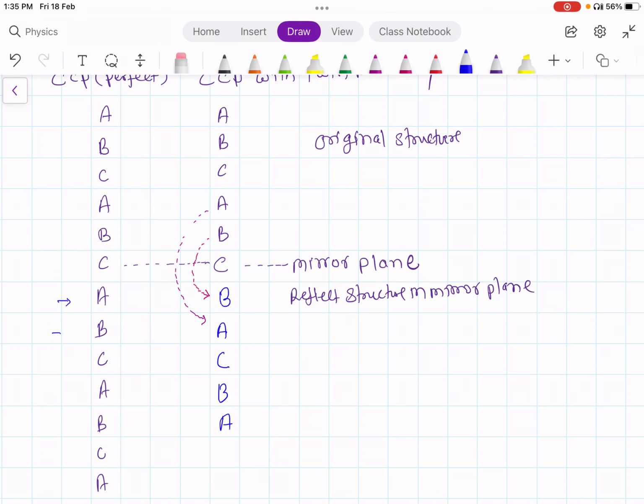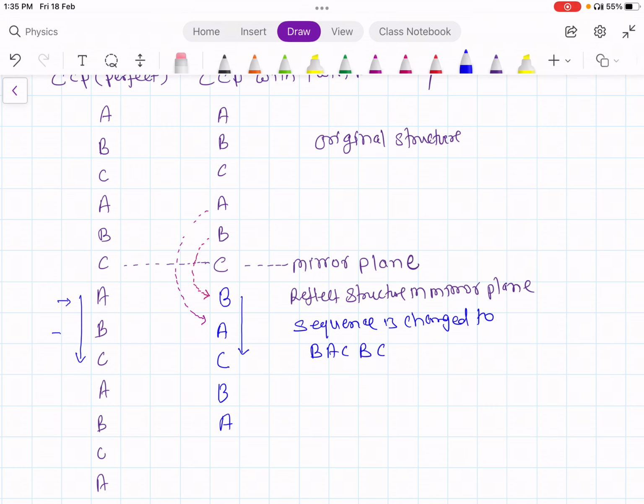So, see how the sequence is changed. In the mirror plane, instead of the ABC sequence, I am getting BAC.